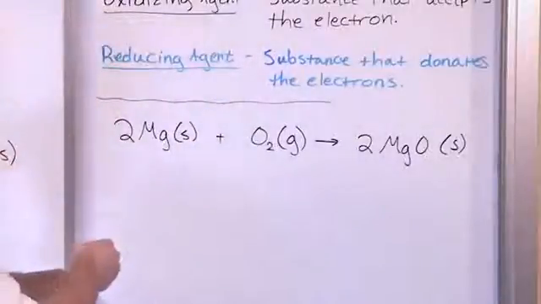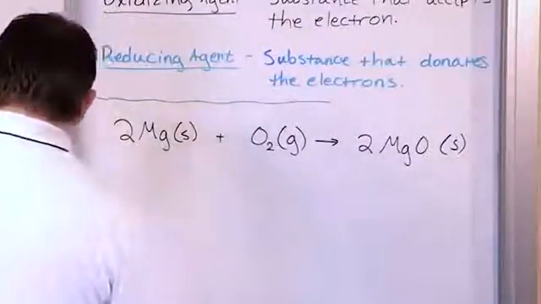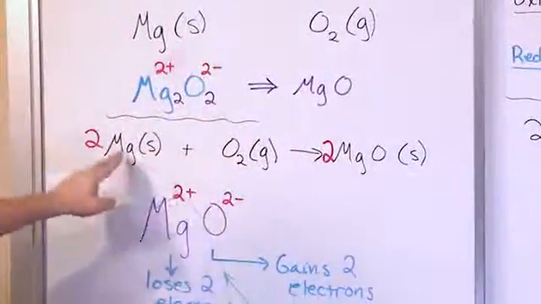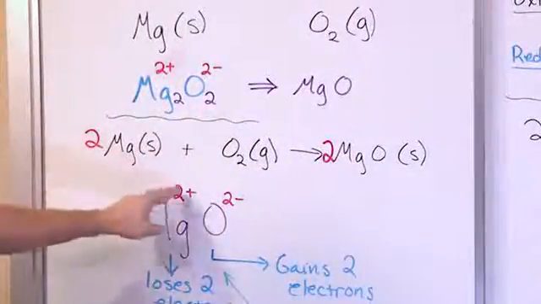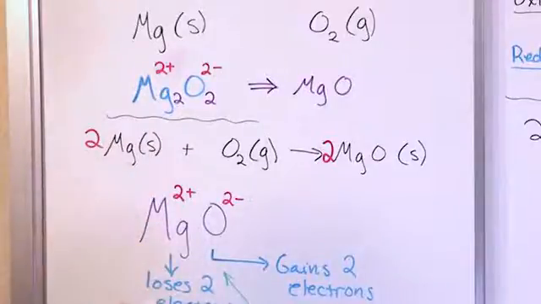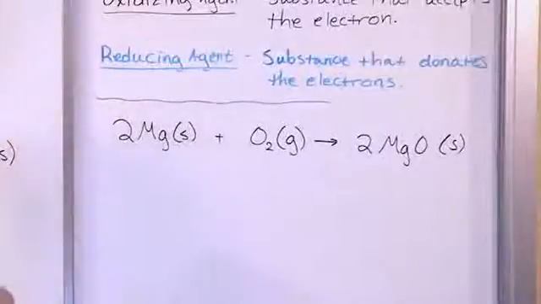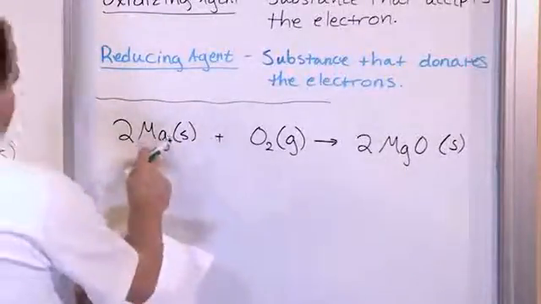All right, so now that we have learned so much already, remember we talked about over here, we said the magnesium likes to go from 0 charge to positive, so it has to lose electrons. So what we've learned from before is that this guy loses electrons.